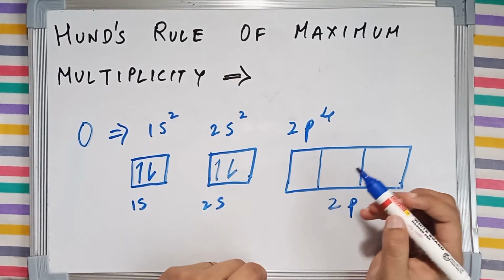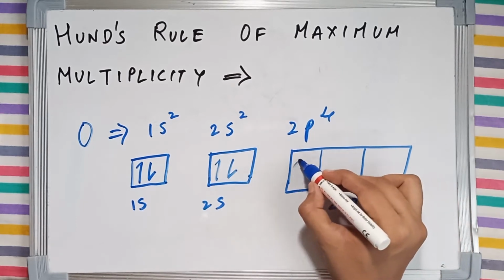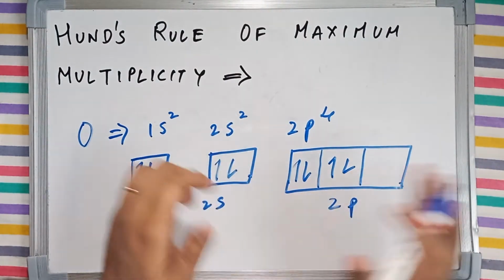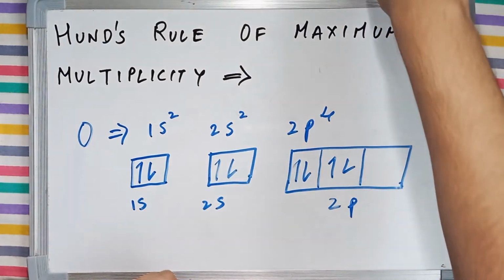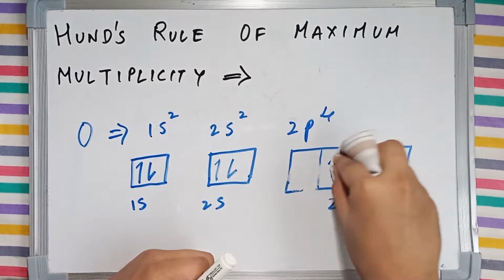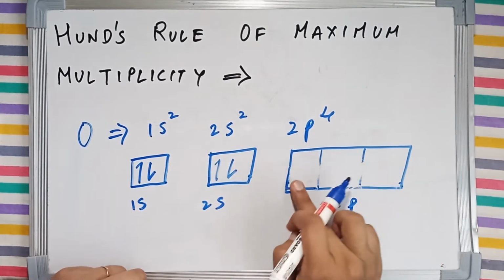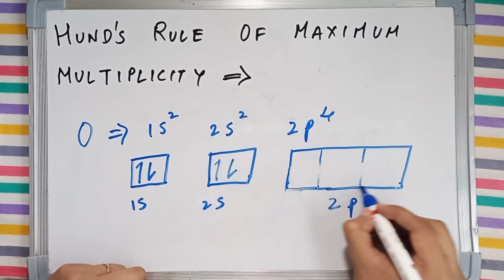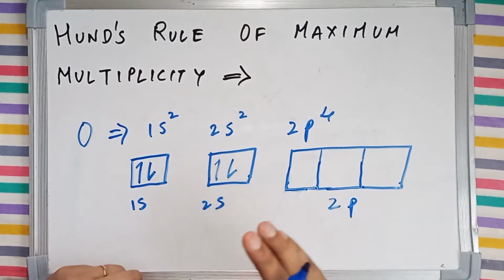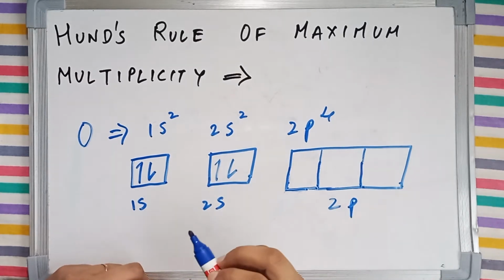So we cannot fill it like this. For example, if we wanted, we could fill it like this. Yes, it has 4 electrons, but this is not the correct way to fill orbitals. What we need to do first is, for a particular subshell, fill electrons until all the orbitals have one unpaired electron.